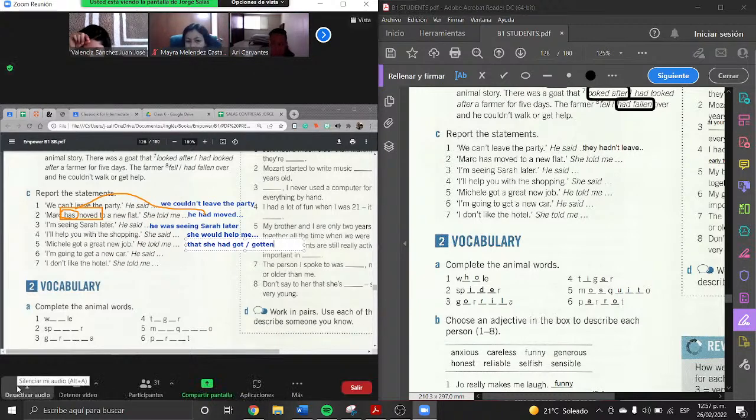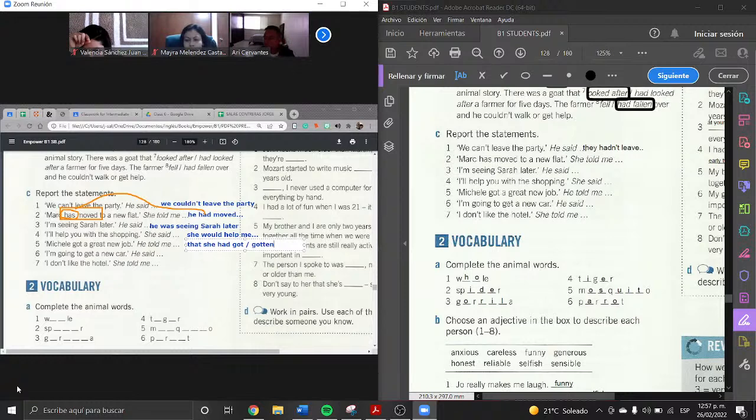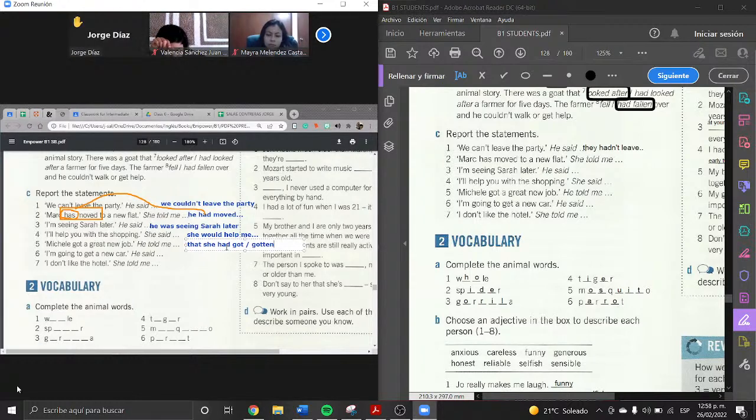What is the tense here? Michelle got a great new job. Present or past? Past. So past simple moves to what? Past perfect. So what do we have? Had as the auxiliary for past perfect, and got as the past participle. Tell me, Jorge.